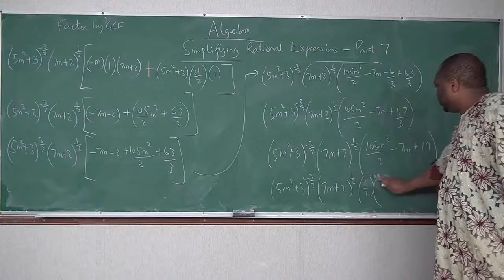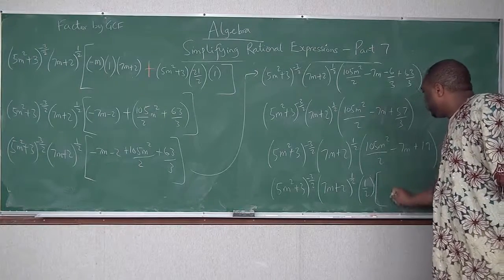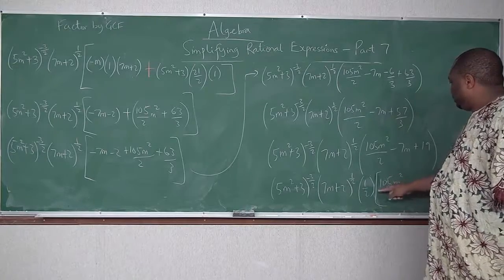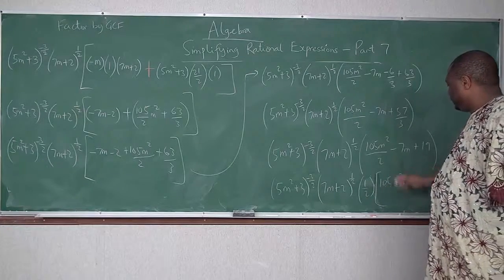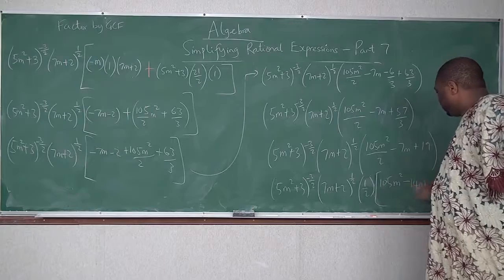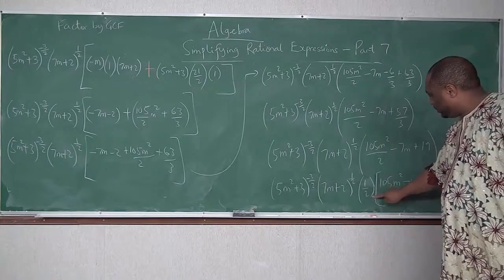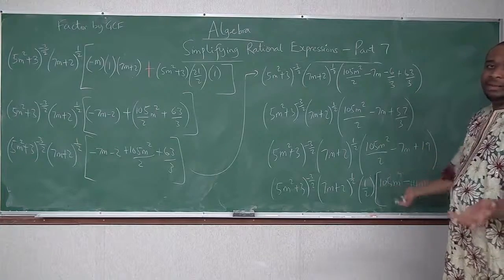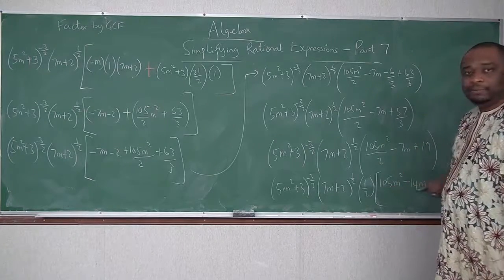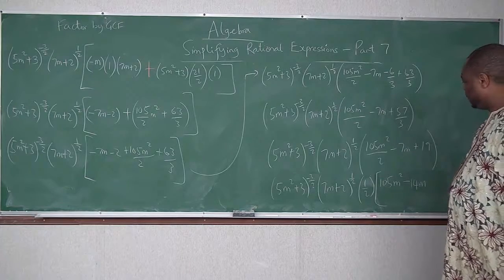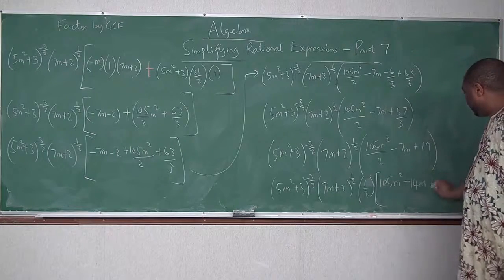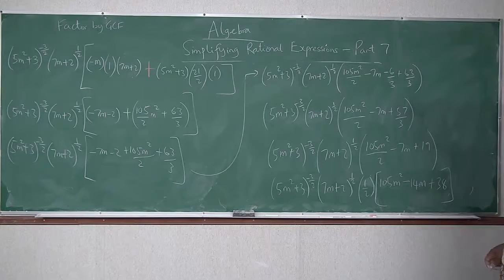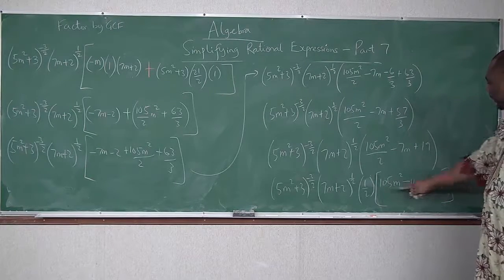If we do that, we will have 105m squared minus 14m, because when you multiply 1/2 times negative 14m, it gives you negative 7m. Then plus 38. Okay, let's see whether we can factor this out.